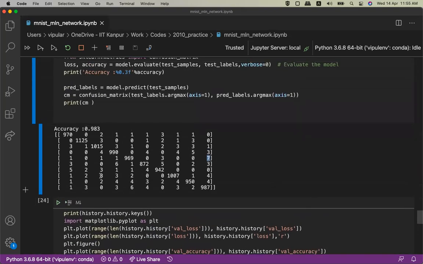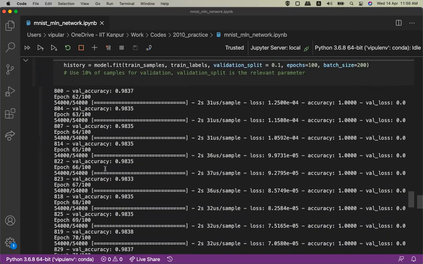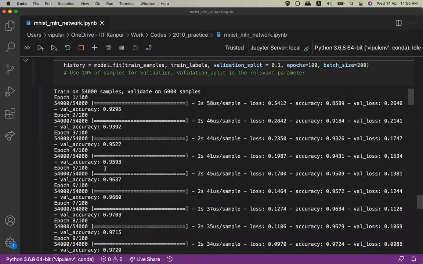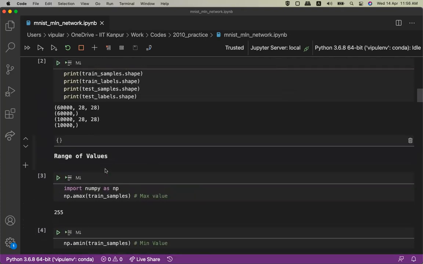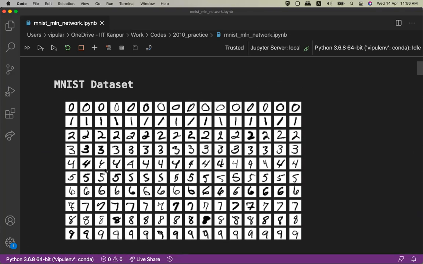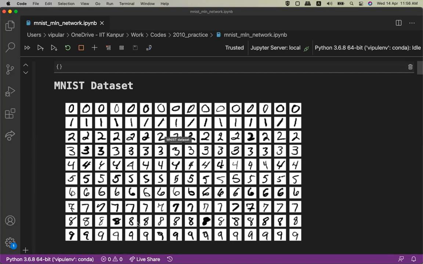Now let us look at this result. This is the large number 8. What was my ground truth value? 0, 1, 2, 3, 4, 5, 6, 7. Yes, ground truth was 7 and my prediction was 2. So it looks like 7 and 2 are very similar. Even by eyeballing the data we can see that 2 and 7 are similar.